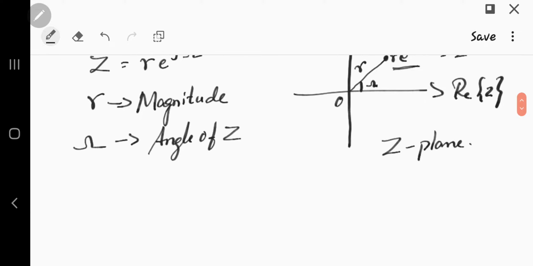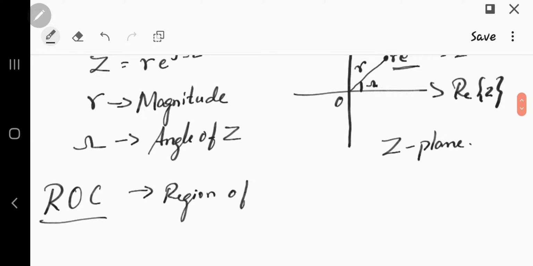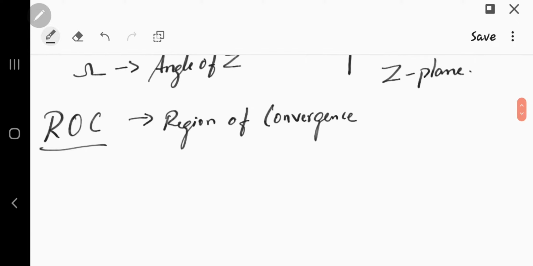And in this concept we have one more thing to deal with, that is the region of convergence, short form ROC. So what is this region of convergence?